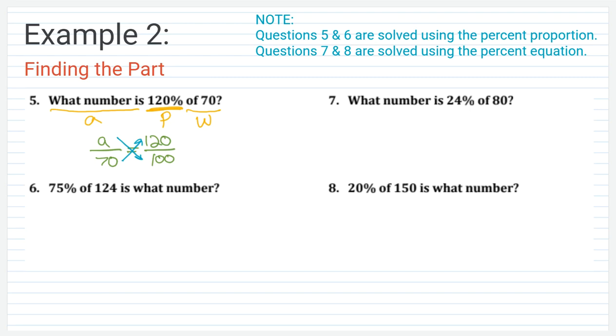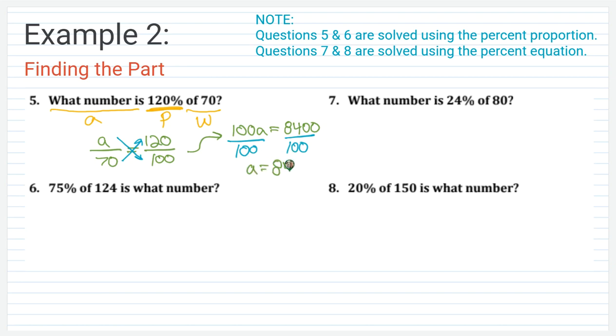So we're going to have 100A equals 70 times 120, and you can think of that as 7 times 12, so that's 84 plus the 2 zeros, so 8400. And then one last step to solve this one-step equation is to divide both sides by 100. And so we find that the part, in this case, is 84.